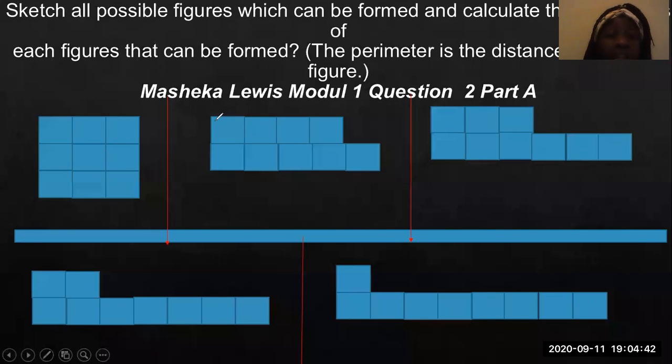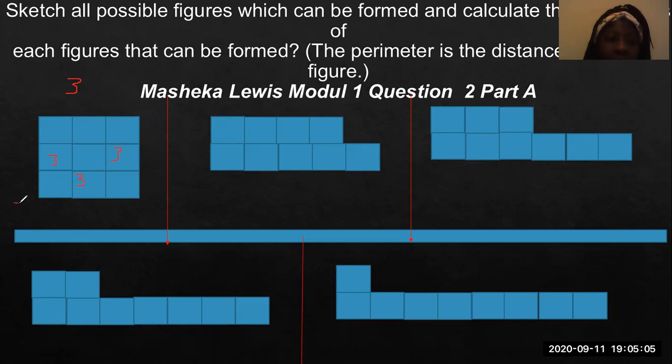So to calculate perimeter, you have to add each side, and when you add all the sides, the total is your perimeter. So this is 3, 1, 2, 3, 1, 2, 3. So this is 3, 3, and 3.